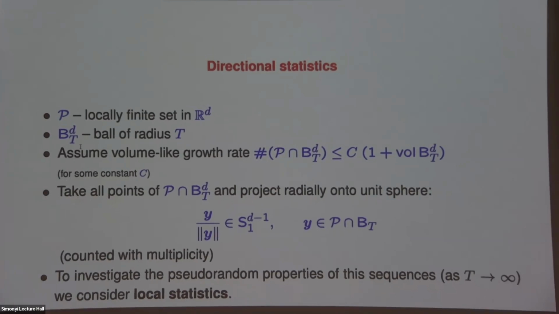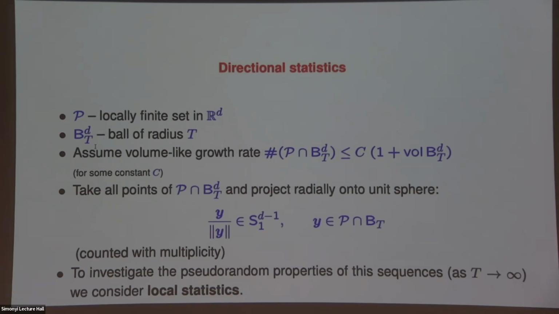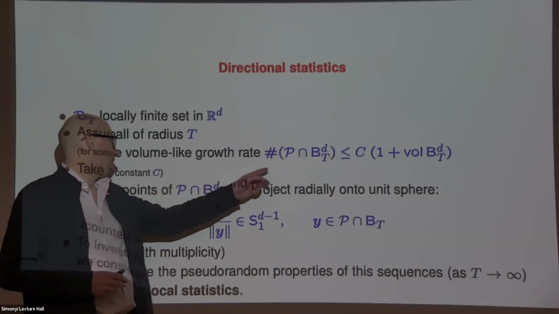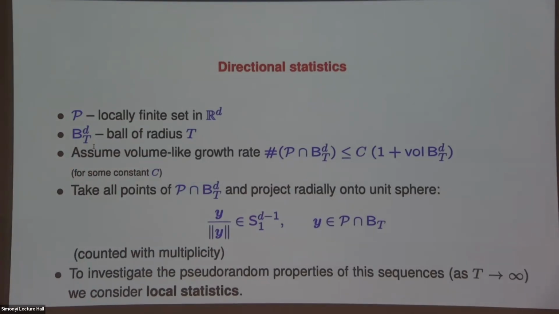So P is going to be our point set in R^d, and we look at all stars in a ball of radius T. For now, I'm going to specialize in a second, we'll just assume that we have a general point set where the number of points in the ball of radius T grows at most like the volume of the ball times some constant.